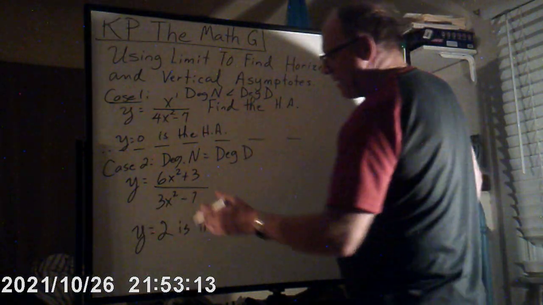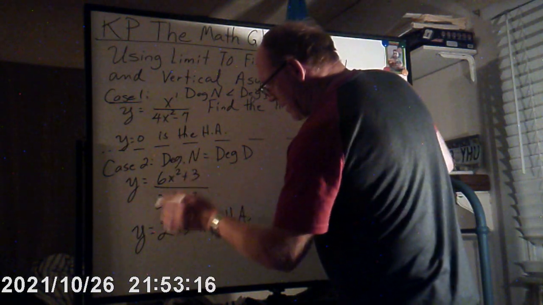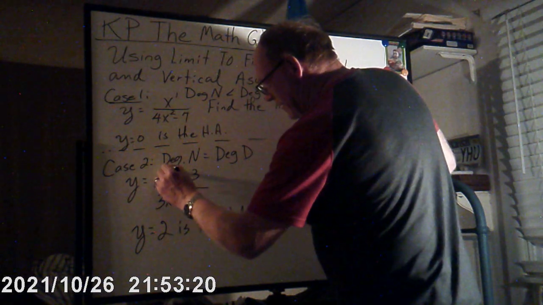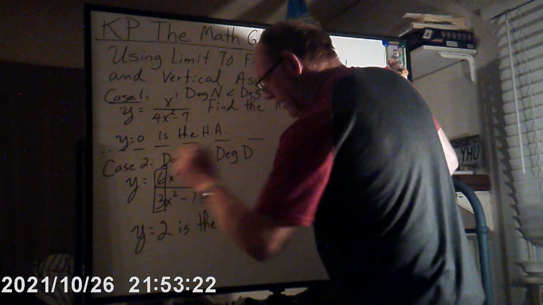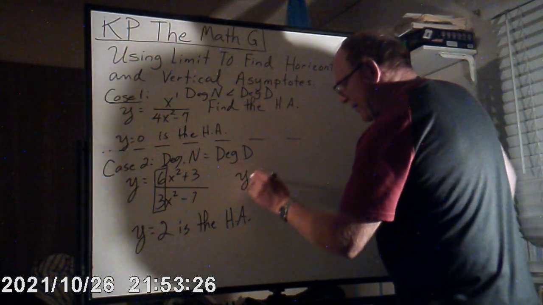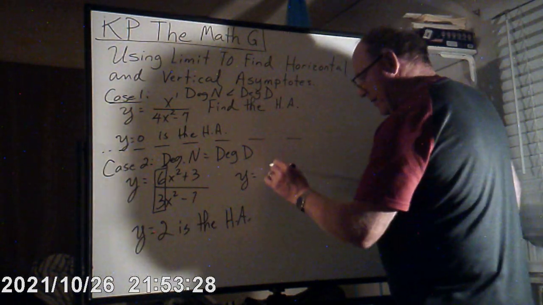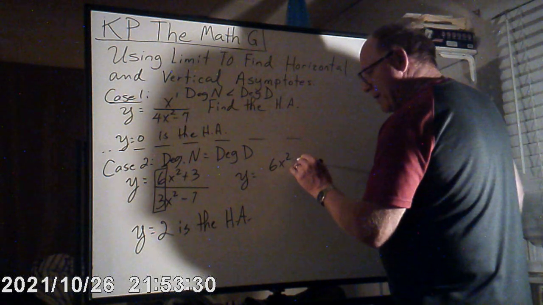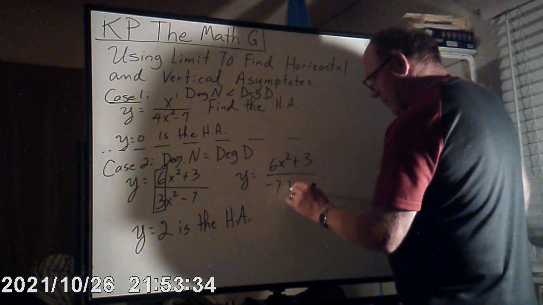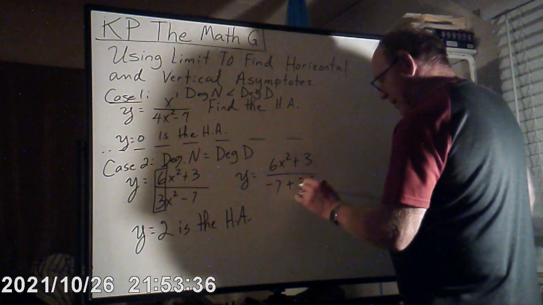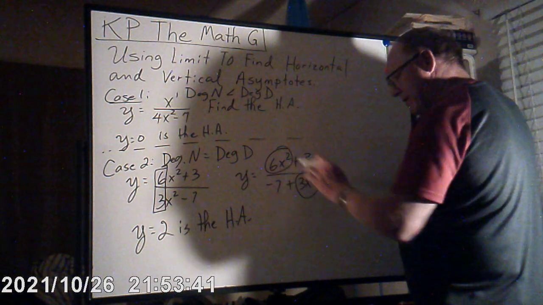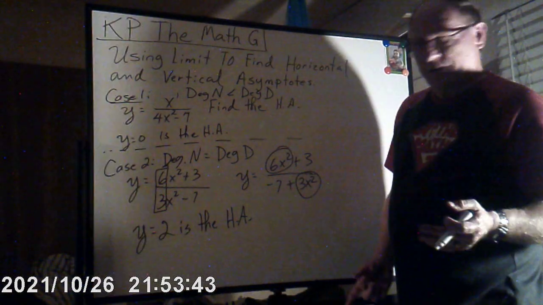And here again, if these exponents are the same, the lead coefficients will tell it like this. Even if it's written like this, maybe you might have something like 6x squared plus 3 over negative 7 plus 3x squared. Still, you're looking at just these, because the degrees are the same.